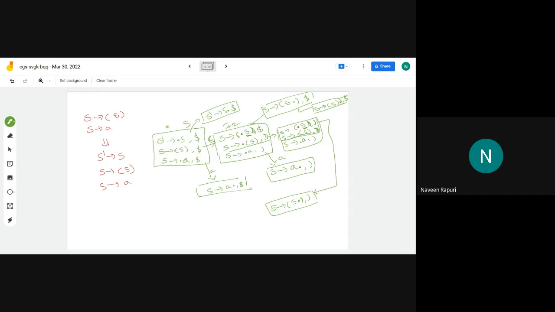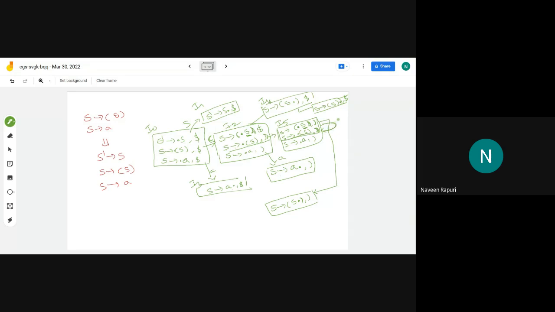So when we have S derives dot open parenthesis S closed parenthesis comma closed parenthesis, we are moved to I5, because I0, I1, I2, I3, I4, I5. So if we get the same, we will be at I5 itself.